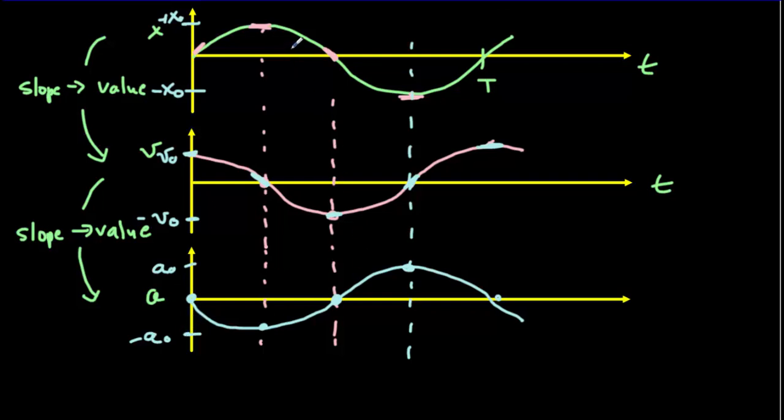Also notice here that the xt curve and the at curve are upside down versions of each other. That's because, you'll recall, acceleration is equal to negative omega squared x. So this negative sign means acceleration and displacement are in opposite directions. When the displacement is positive here, the acceleration is negative, and vice versa. So the acceleration and displacement are upside down versions of one another.